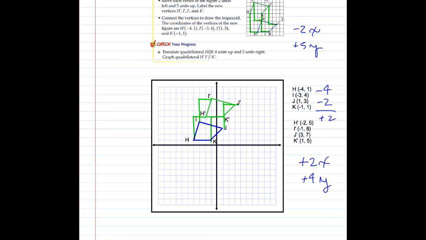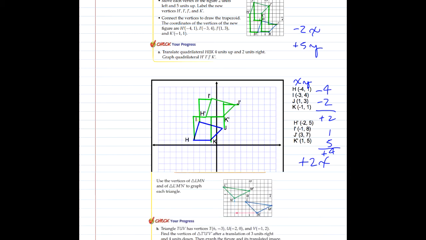This is x. This is y. If I go from 1 to 5, that means I've added 4 to every point, every vertex of the original quadrilateral.